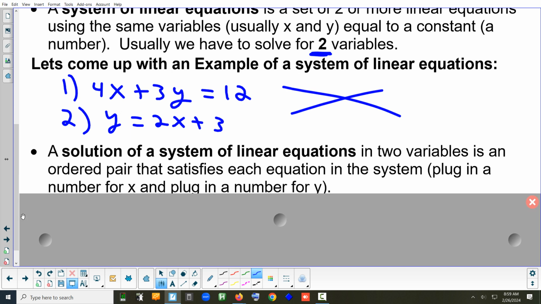You can also call a coordinate an ordered pair. Okay, so in the next blank where it says a solution of a system of linear equations, you're going to write down what's in bold. And then the rest of it you already have. So a solution to one of these kinds of problems is a coordinate, or an ordered pair.